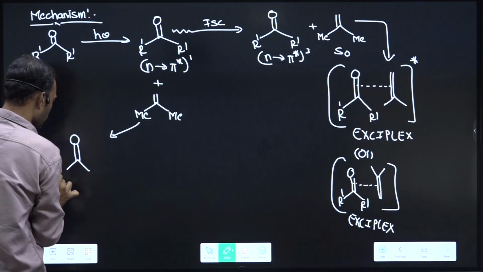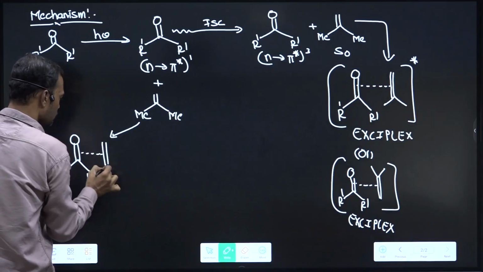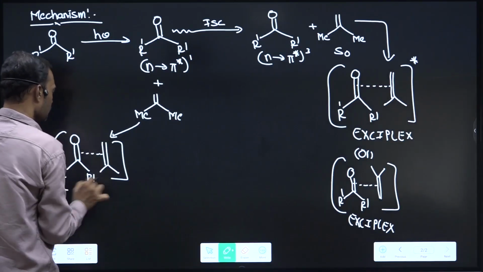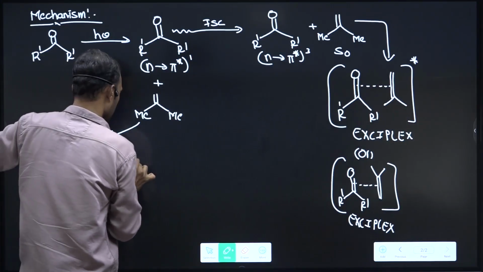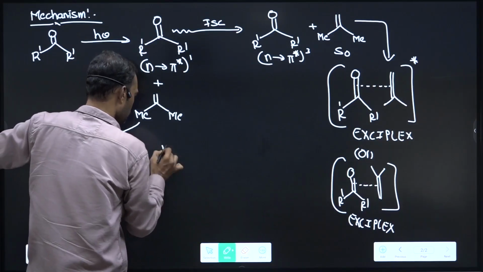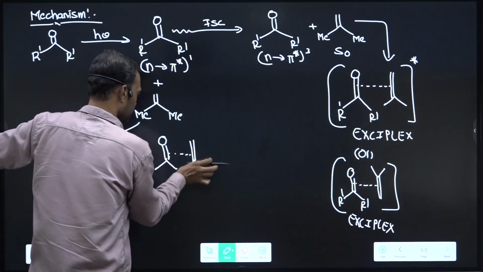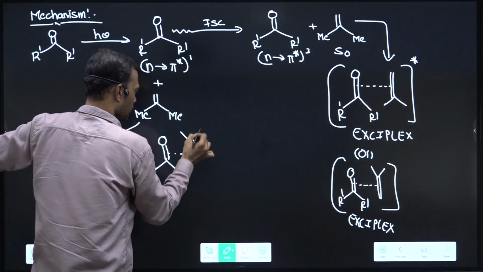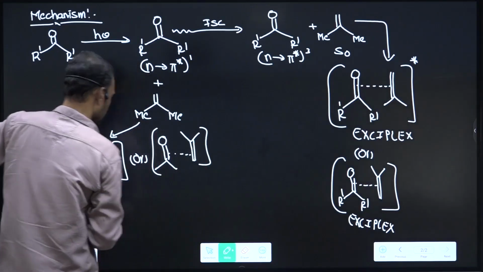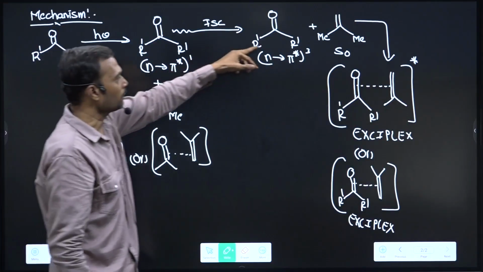C double bond O, here R dash, R dash. This is one exiplex. You will expect one more, and whichever is stable, that we need to consider. This is one more, this is also exiplex.